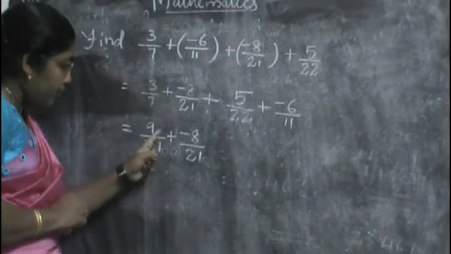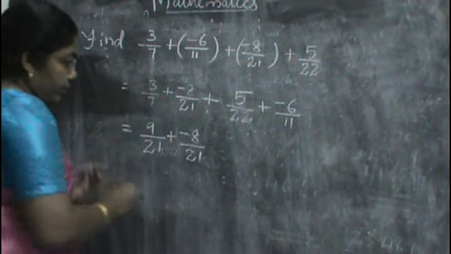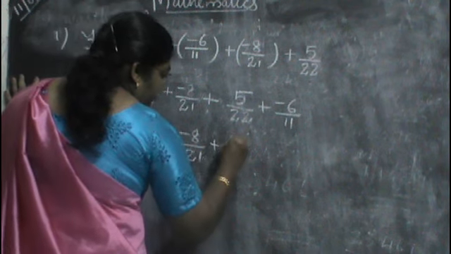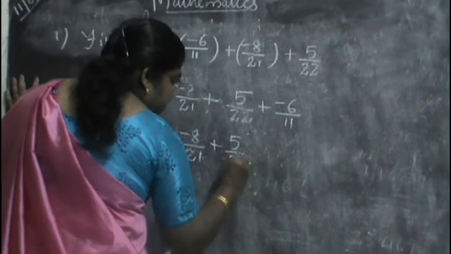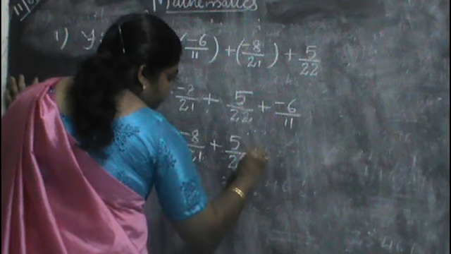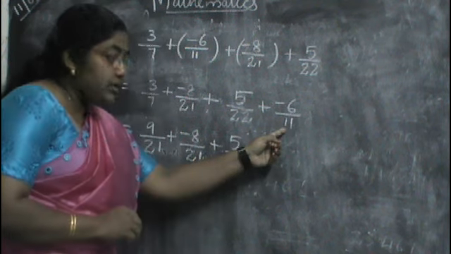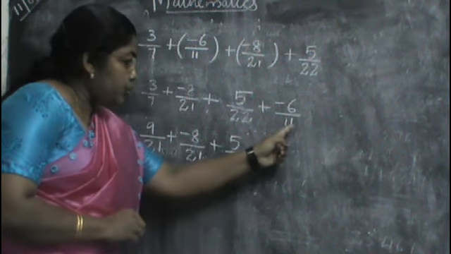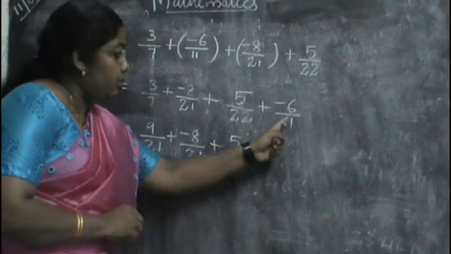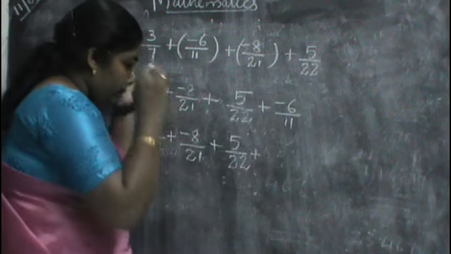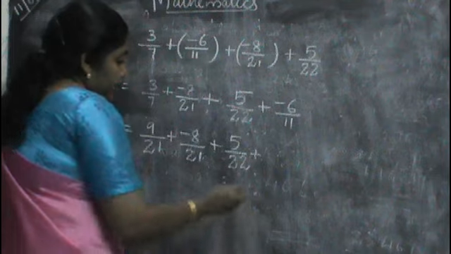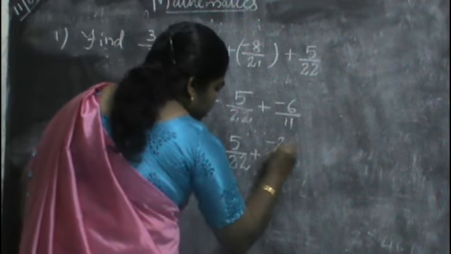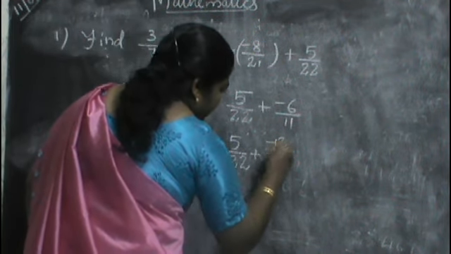Then 9 by 21 plus minus 8 by 21 plus 5 by 22 plus, here the denominator is 11. 11 into 2 is equal to 22. Then what is minus 6 into 2? Minus 12. So this we can write as minus 12 by 22.